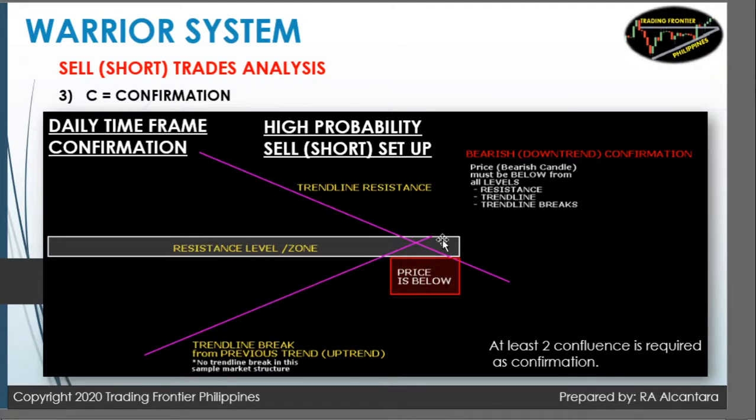But then again, at least two confluences are required as confirmation. So you just have to memorize and remember these two setups.